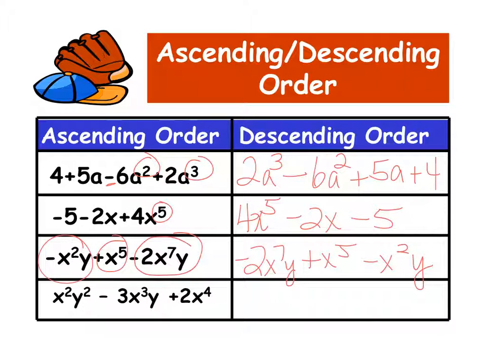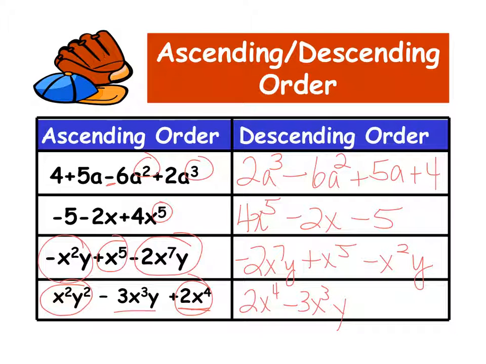Alright, and if you notice something funny here, this one has degree 4, and this one has degree 4. But when we have two variables and they have the same degree, we put them in alphabetical order. We go by our x's, so our biggest one is our 2x to the 4th. Then we have 3x to the 3rd y.